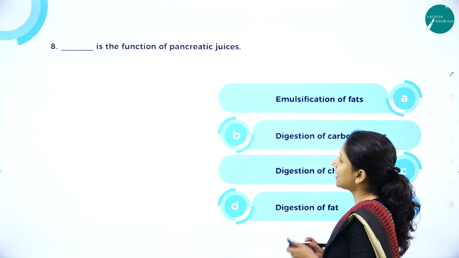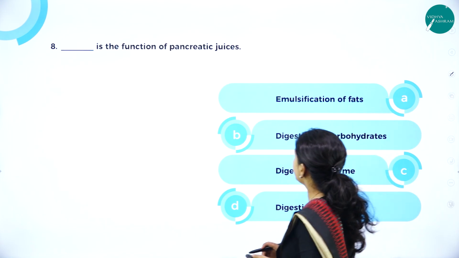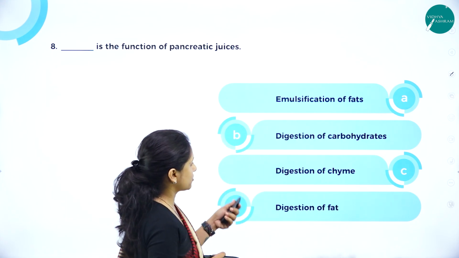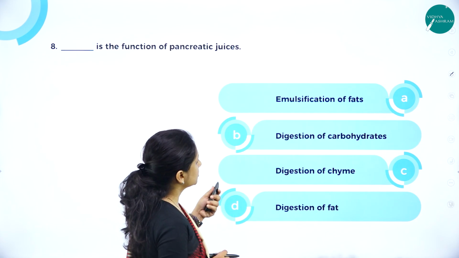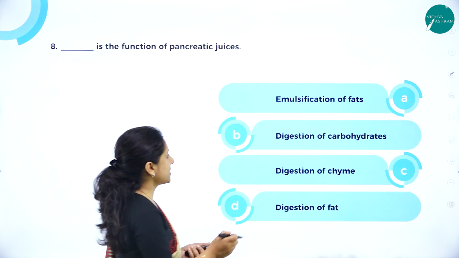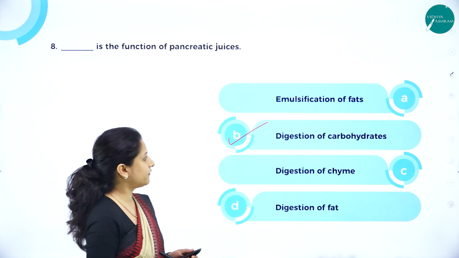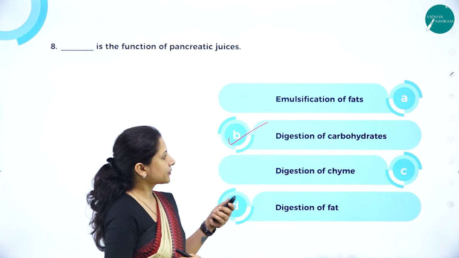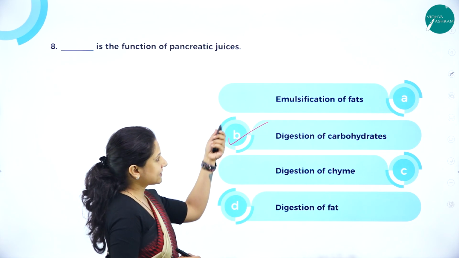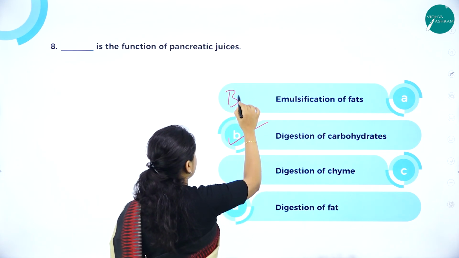Next question. Dash is the function of pancreatic juice. Emulsification of fats, digestion of carbohydrates, digestion of chyme, digestion of fat. So what is the function of the pancreatic juice here? It is digestion of carbohydrates, because emulsification of fats is not done by the pancreatic juices, it is done by the bile.